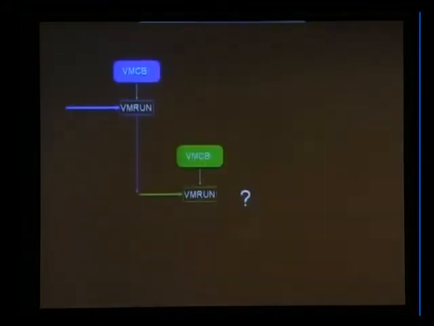But what happens if the guest attempts to run a VMrun instruction? Basically, what happens when the hypervisor has a guest that wants to be a hypervisor too? This new VMrun instruction that the guest runs has its own argument, and it points to another VM control block, which we will call VMCB1.